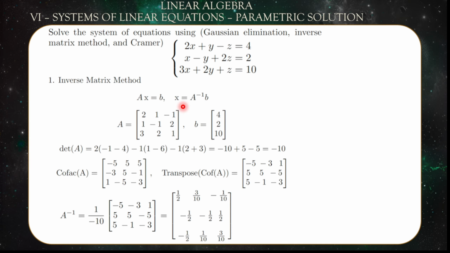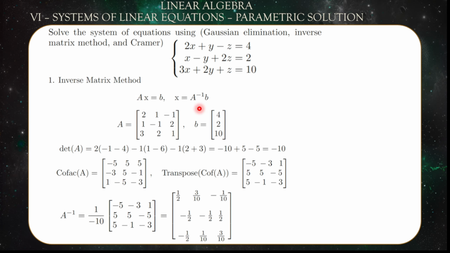Then multiplied by x, which is the set of variables, respectively x, y, z, is equal to b, or the constant part of the equation. B is the column vector formed of 4, 2, 10, respectively. So Ax equal b. How to get x, which is the values of the different variables? X is equal to simply A minus 1 times b.